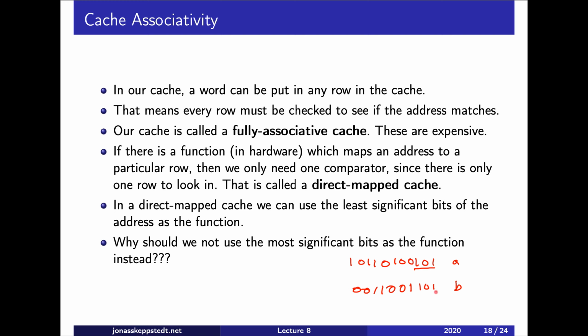But we are so unlucky that our 2 variables, the only 2 variables that we have in the program, unfortunately happen to be placed in the same row in the cache. That can happen.